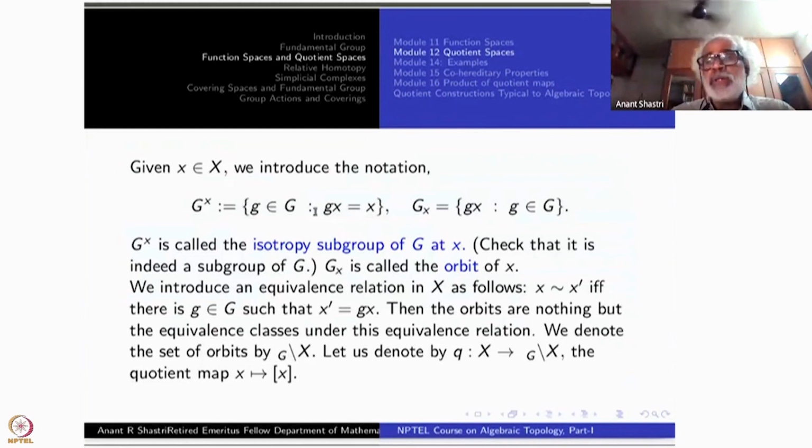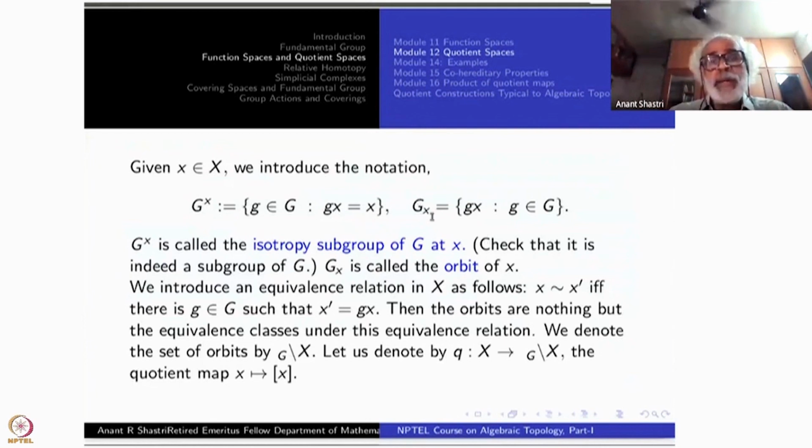Okay. See, you think of action of G on X as a motion. It is moving the particles. Elements of X are particles. They are moving, and that motion is given by G. That is the dynamic way of thinking about the group action.